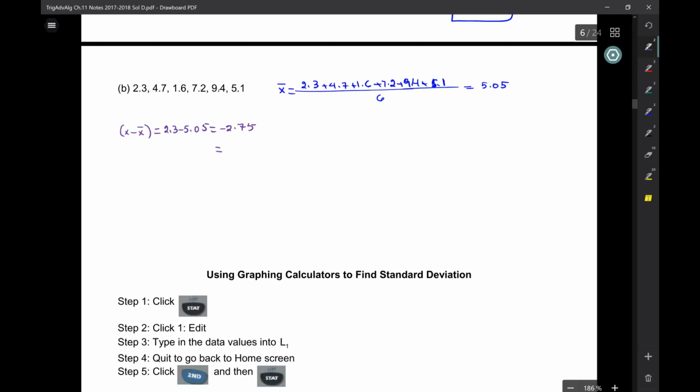And then the next number gives me 0.35. The next one gives me 3.45, 2.15, 4.45, 0.05.